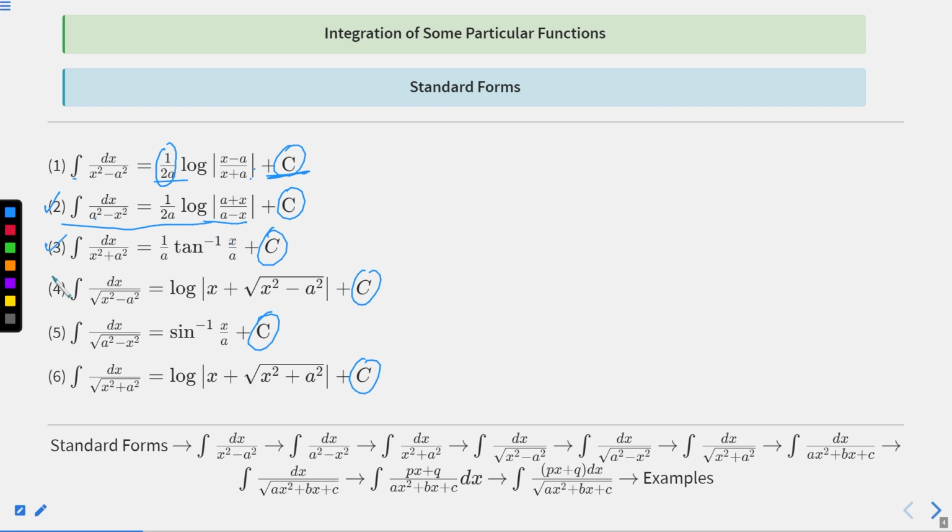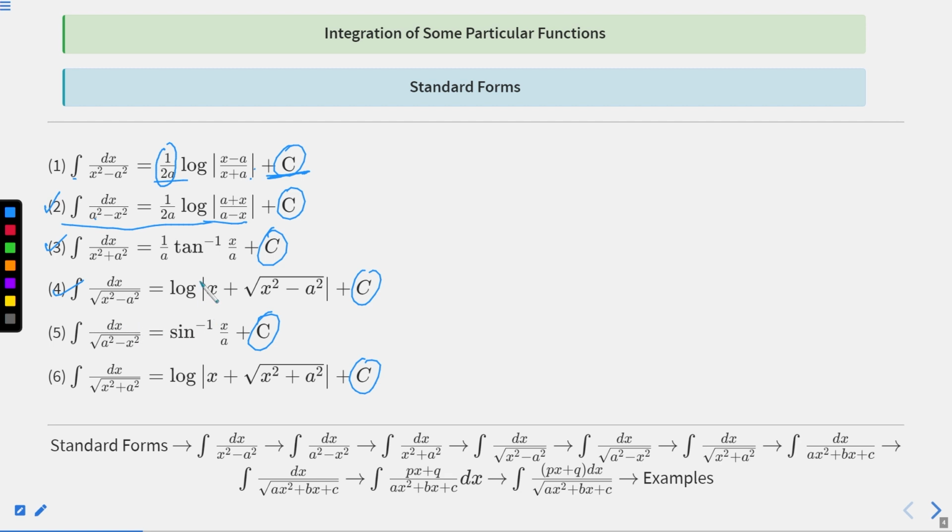Now what about the third one? Now you have x square plus a square, or a square plus x square. Then what will be your answer? In this form you will have 1 by a tan inverse of x by a, plus c. Clear? Now what about this form, dx by root of x square minus a square?